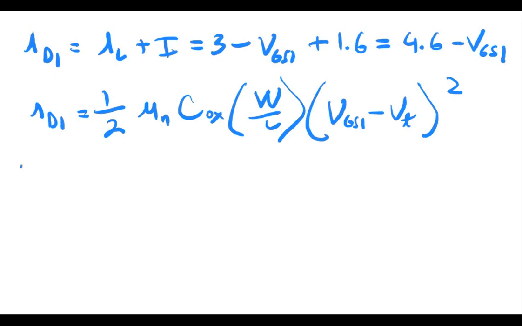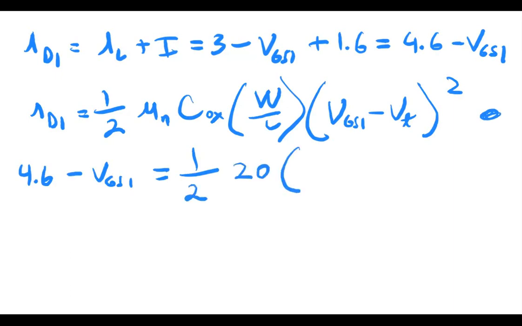So this is going to be 4.6, which we found already, minus VGS1. I'm just working with this equation here. That's 1/2 times 20 times (VGS1 minus 0.5) square, that's the VT square.